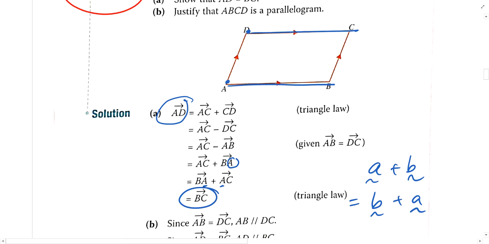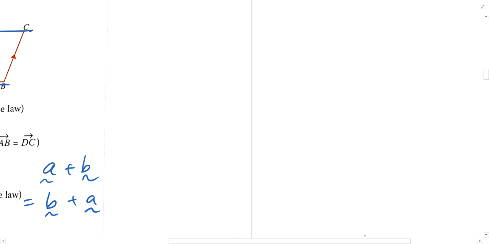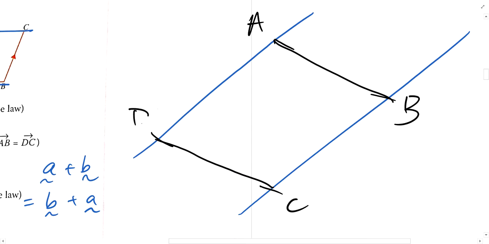What this means when we are drawing it out is that as long as you draw two parallel lines, and these two parallel lines have the same distance, let's say over here and over here, this must be a parallelogram. So A, B, C, D. These two must be the same vector.